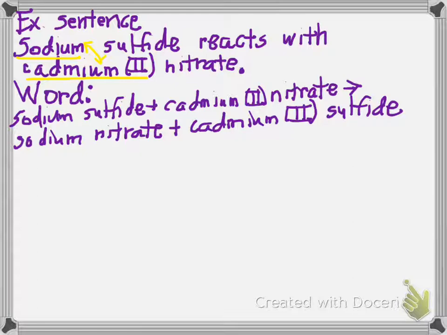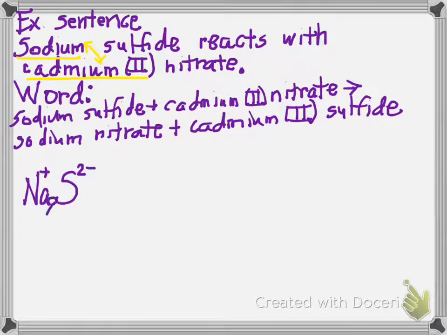So now that we have a word equation, we're ready to write our skeleton equation. Now we're going to take everything and make it symbols. These are all ionic compounds because they all contain metals. So every single time I'm going to do symbols, charges, crisscross, lowest whole number ratio. So I have Na, charge of +1, S, -2.